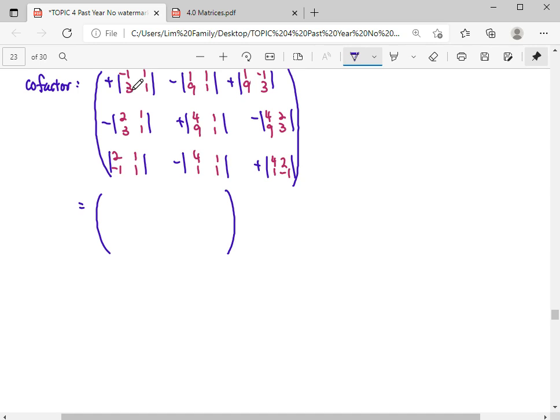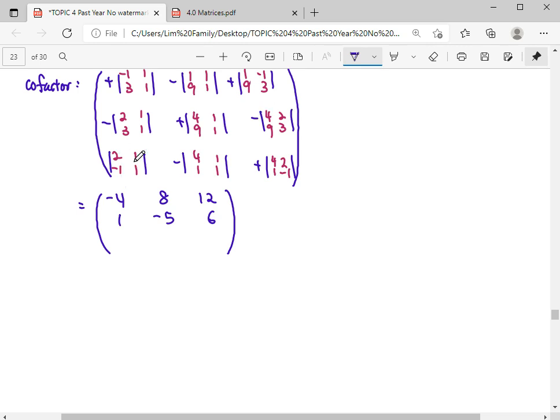So negative 1 minus 3 here becomes negative 4. Here 1 minus 9 becomes negative 8, but in front here there is a negative, so it comes back positive. Then this one, 3 minus negative, so negative negative becomes positive 12. 2 minus 3 negative, negative negative positive, and then 4 minus 9 is negative 5, and then this one 12 minus 18 becomes negative 6, but with the negative in front becomes positive.